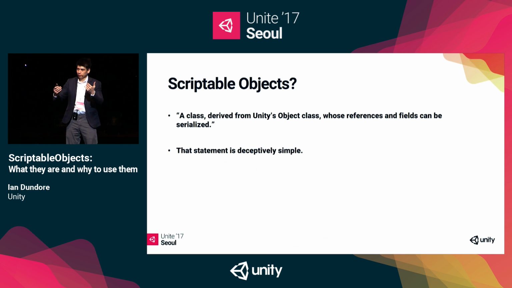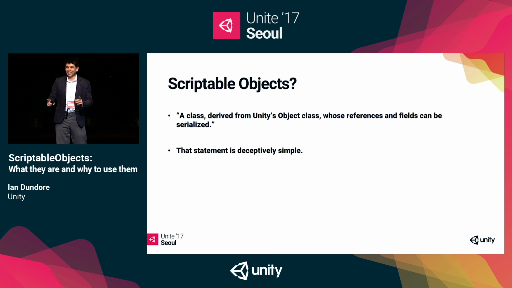You see, simplicity is something that we should strive for when we're developing systems. But it may be easier to understand scriptable object if we understand what it isn't. So we're going to compare it to something that every Unity developer is familiar with: MonoBehaviour.